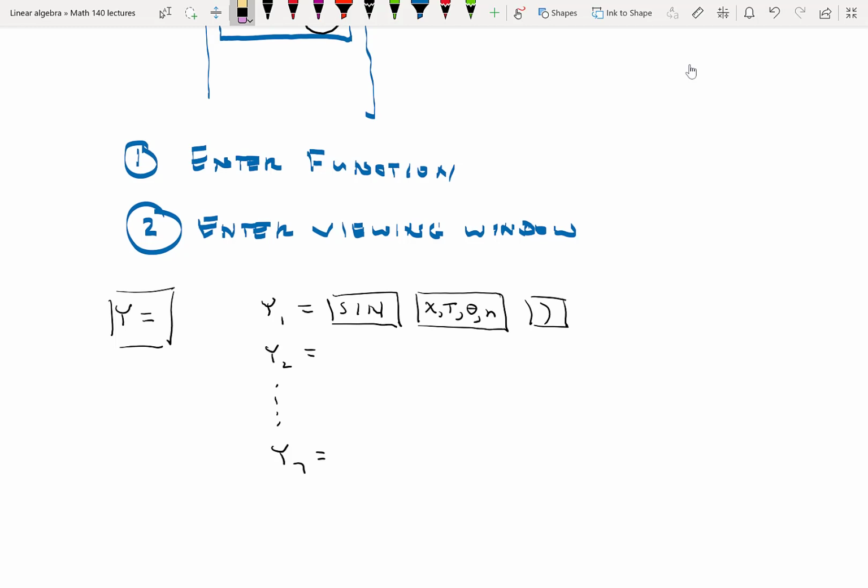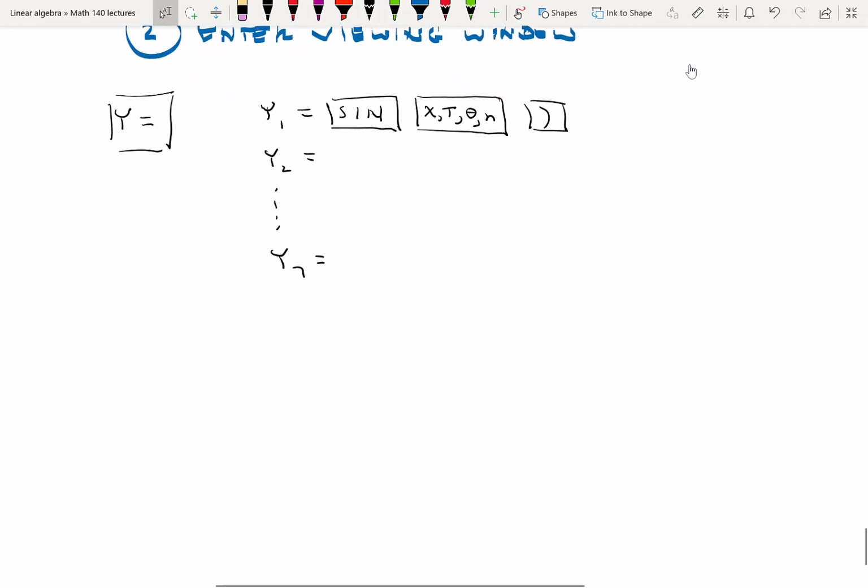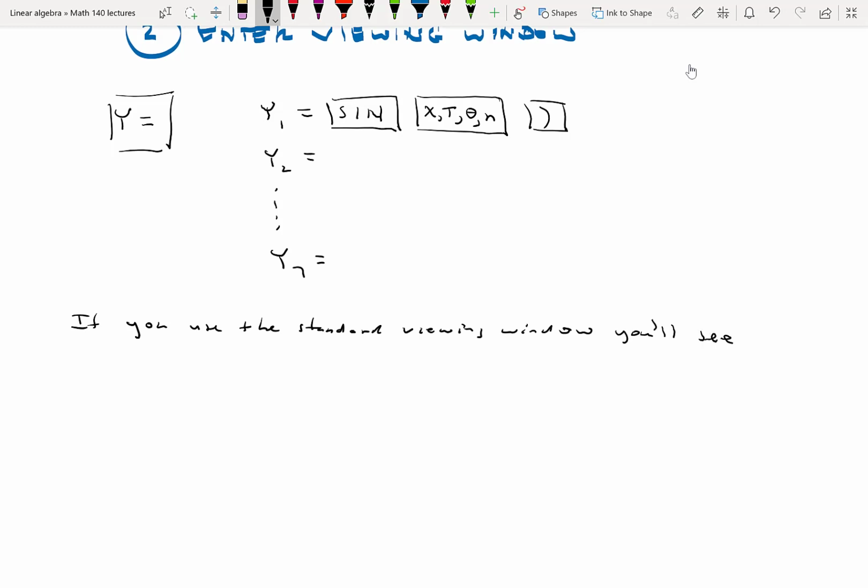If you skip this step, your calculator stays in the standard viewing window, the window the calculator left the factory in, and when you push graph, you'll see a terrible graph.